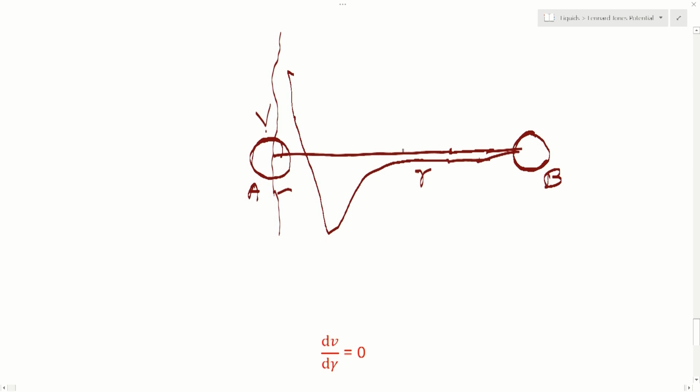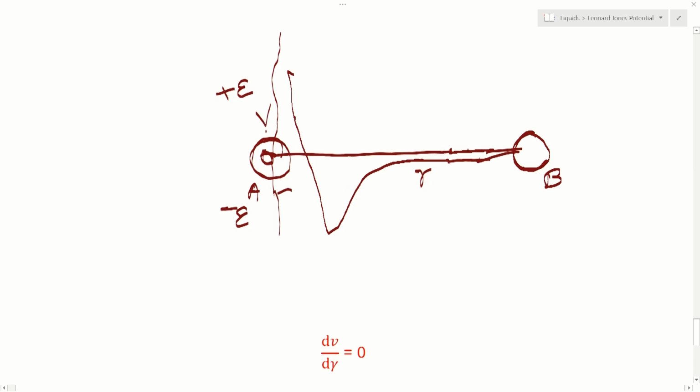When they are at infinite distance, the potential energy is 0. Here this is positive epsilon, and this is minus epsilon.